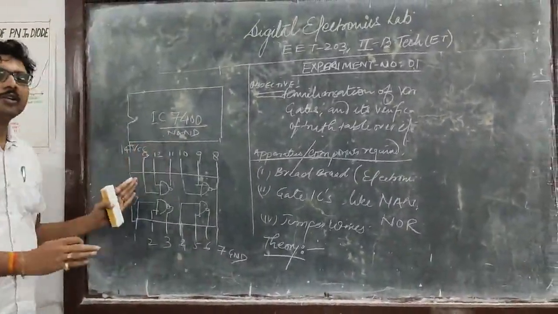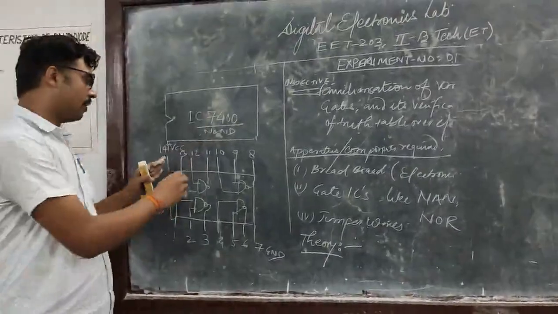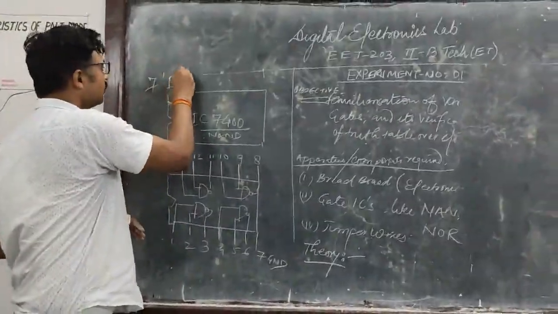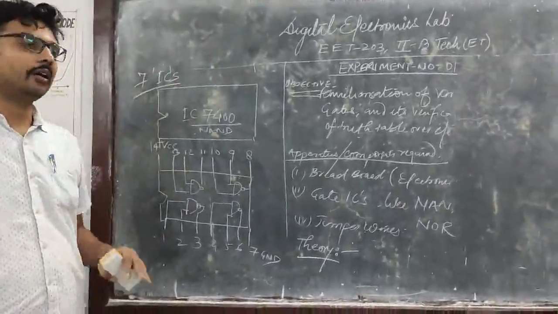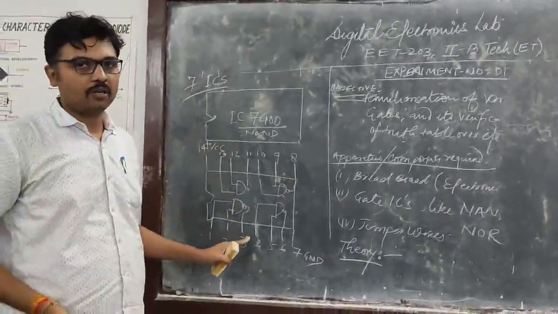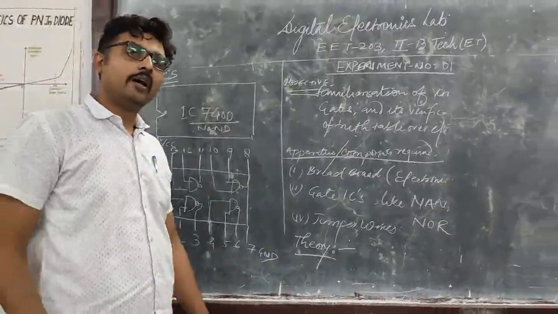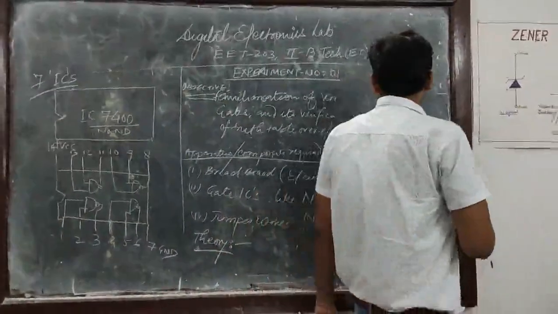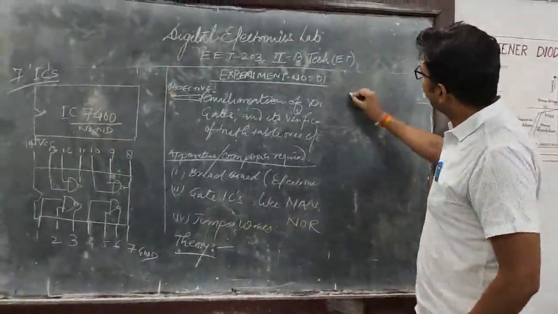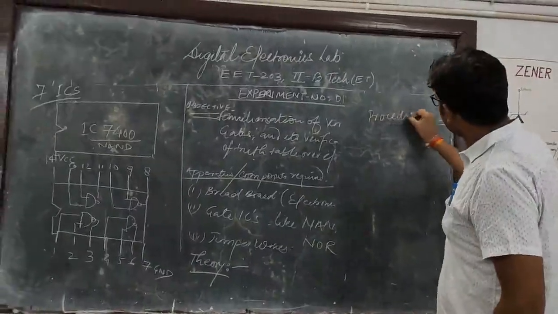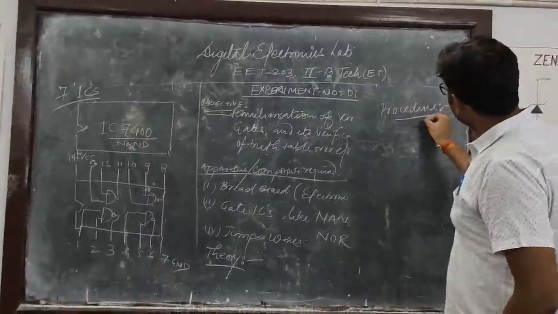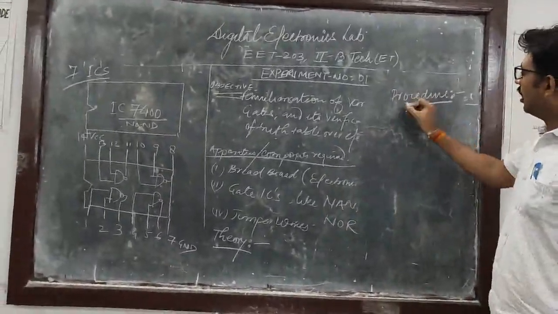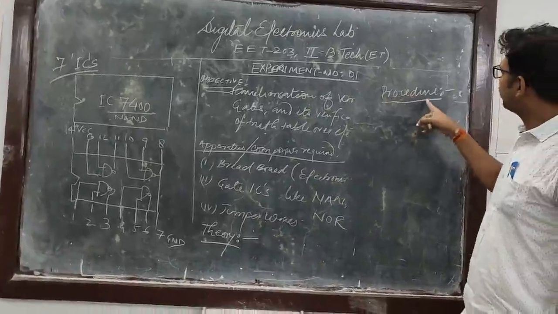In this way you have to draw the internal circuit diagrams of all the 7 ICs over the blank pages. Then you will perform and verify the truth table, and whatever procedure you followed while performing the experiment, you have to write in the next section of your notes, that is, the procedure.